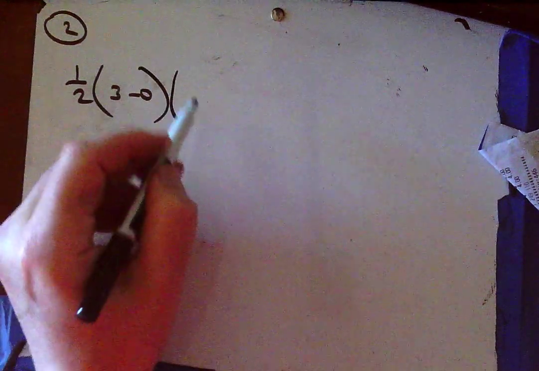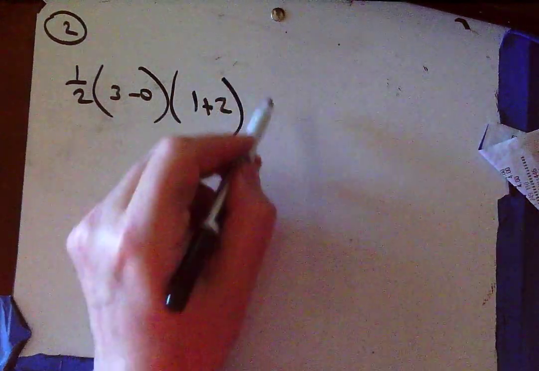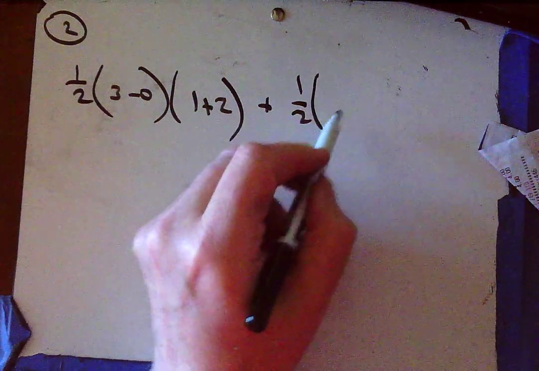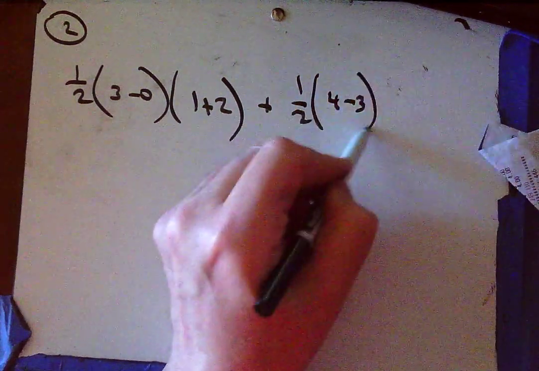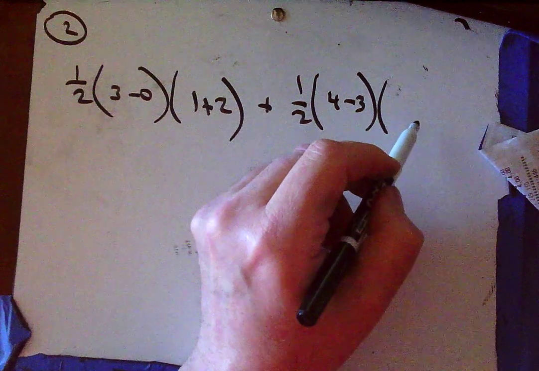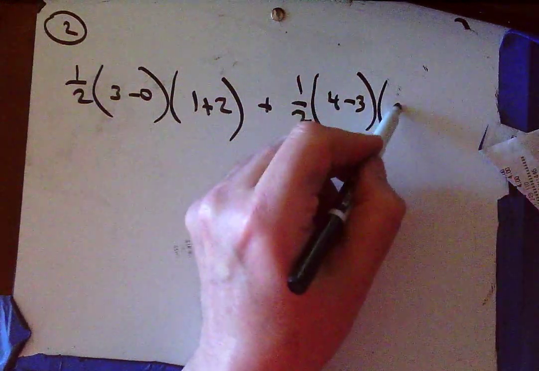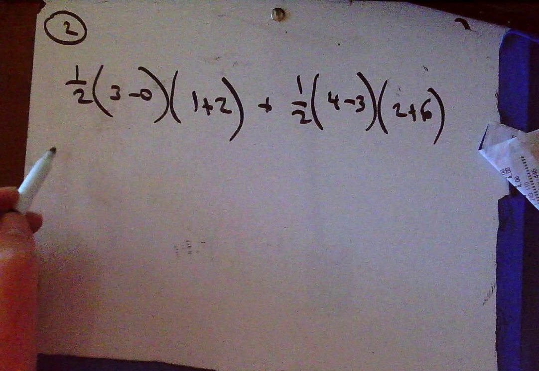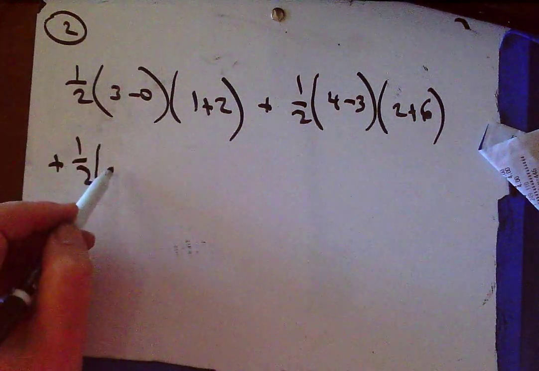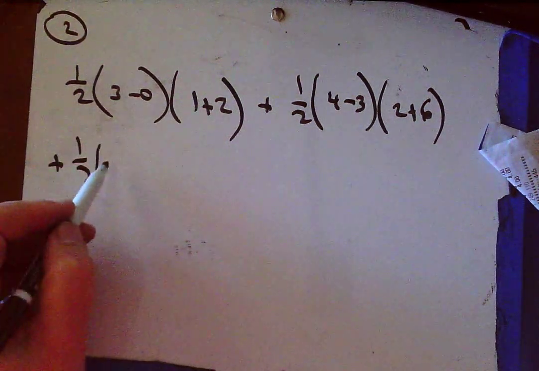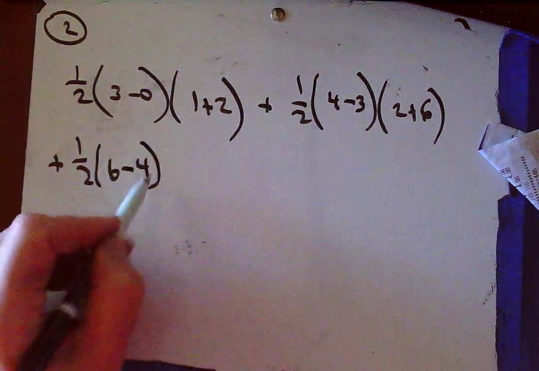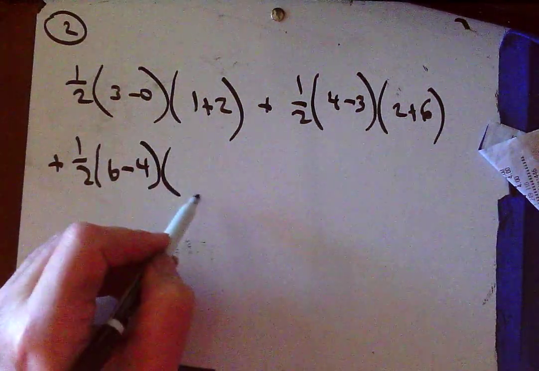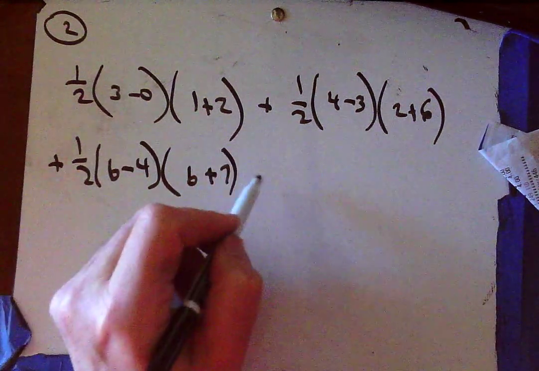Okay, and then problem number 2 says use the trapezoid sum. The subinterval widths are different here, so I'm going to write this one out. 1/2 a base times a height plus a height. So that's 2 plus 1/2 subinterval width 6 minus 4 times 6 plus 7.